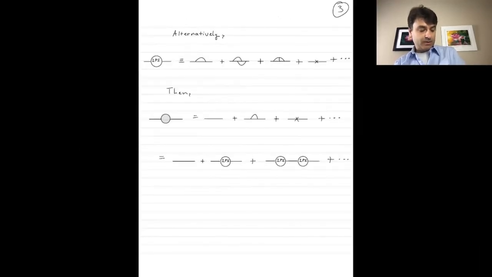And I'm noting that I can also write it as the lowest order diagram plus lowest order diagrams with the 1PI graph in between. And then I can write it as something with 3 of the one particle propagators with 2 1PI graphs in between, plus graphs with 3 1PI diagrams in between and so forth. And that's just another way of expressing this expansion.